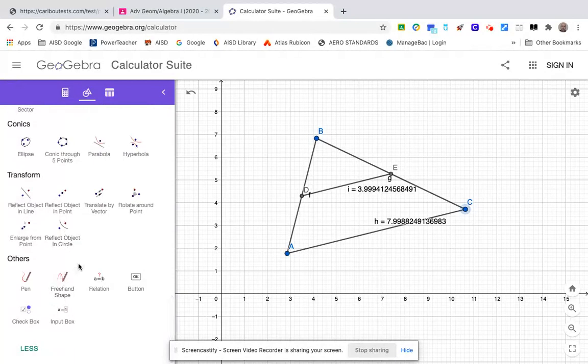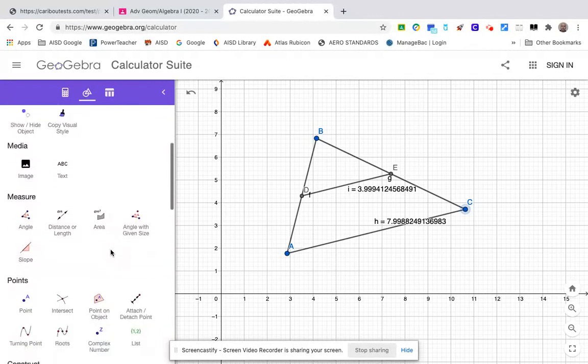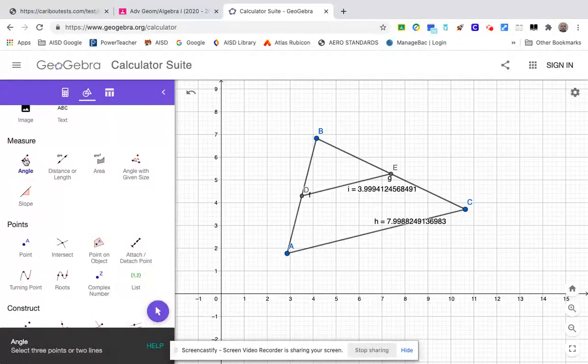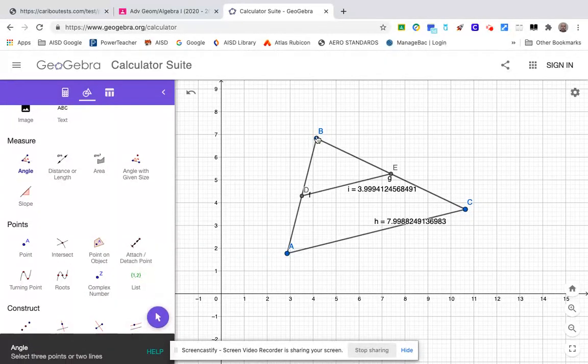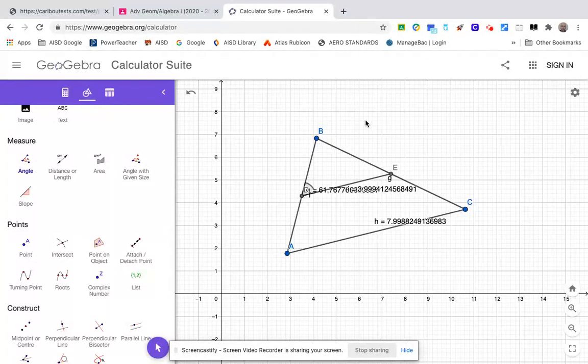But what we can do is look at the angles. Let's see, angle. That's 3 points: E, D, B, going clockwise, and let's do C, A, B. So it looks like the two lines are parallel.